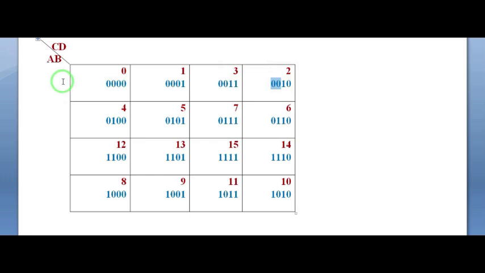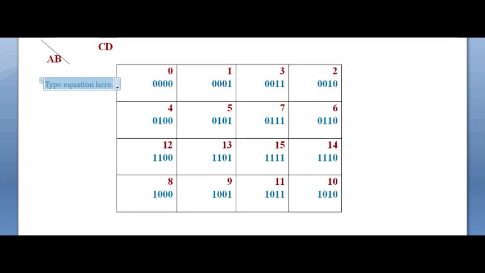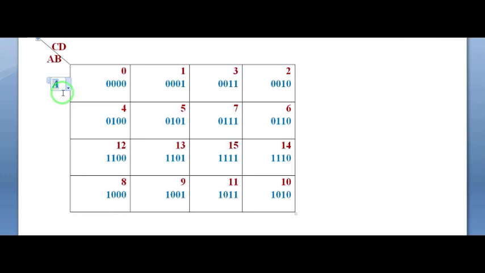So 0 is used to represent the complement. So along rows we are taking the variables AB. That means these two zeros are representing the complement of A and complement of B. That's why here I am writing the complement of A and complement of B.